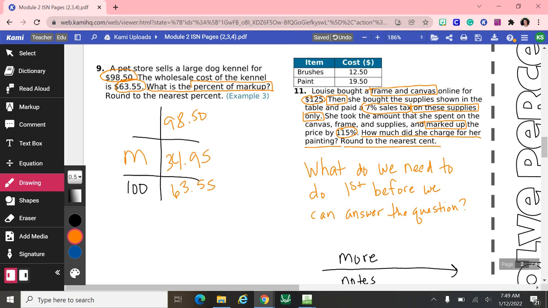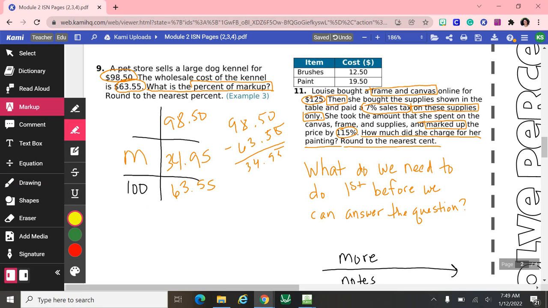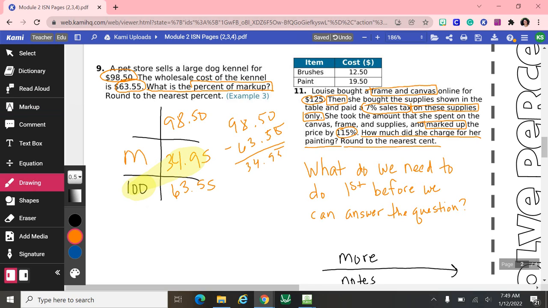If you need to do a little note here to say that you did $98.50 minus $63.55 to get your $34.95 to help you remember for future, you should definitely document that. So now that I know what amount it was marked up by, I can use cross multiplication to identify what our percent of markup is.